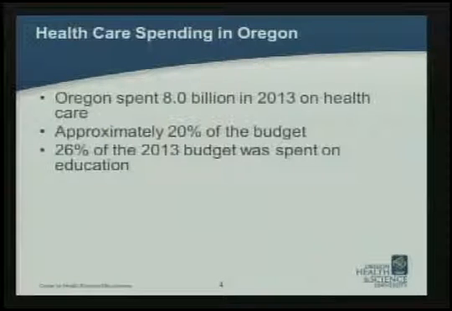Looking a little more locally at healthcare spending in Oregon. Oregon spent about $8 billion in 2013 on healthcare, which is approximately 20% of the budget. To give you some idea of other things Oregon is spending on, 26% of the budget goes towards education. So this is something that is also projected to grow and is of concern here in Oregon and in other states as well.